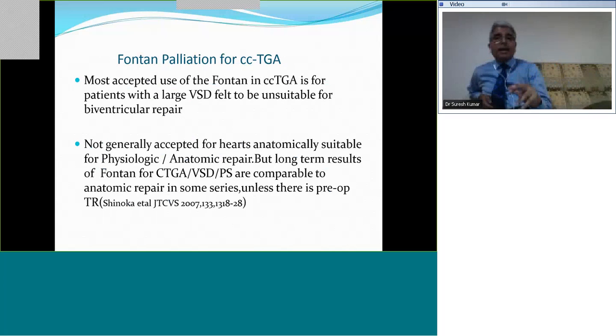Long-term results, at least in some of them, are comparable to the anatomic repair. And therefore, whether a strategy of electively giving Fontan to patients with anatomically appropriate ventricles and anatomy for either a physiologic or an anatomic repair is correct is not fully established.